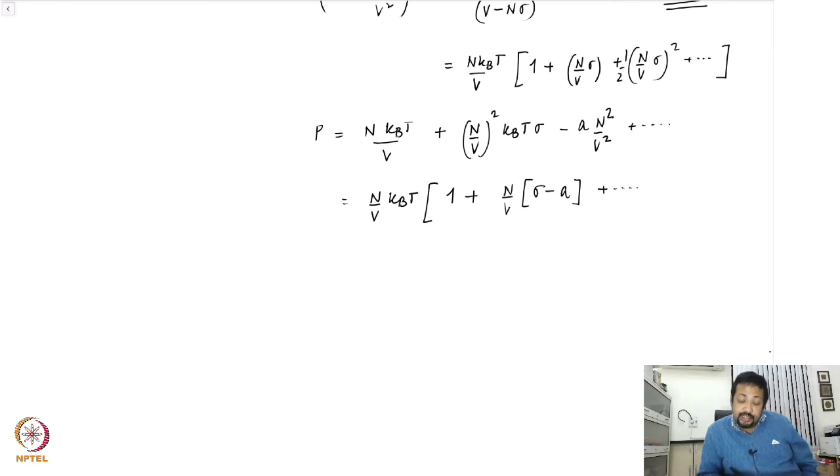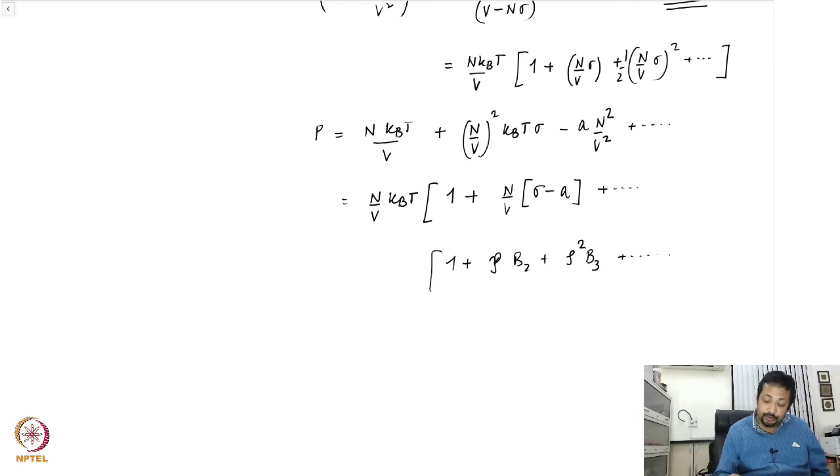So your second virial coefficient: you see that this expansion clearly has rho times 1 plus rho times B2 plus rho square times B3, and so on and so forth. This is rho k_B T equal to P.